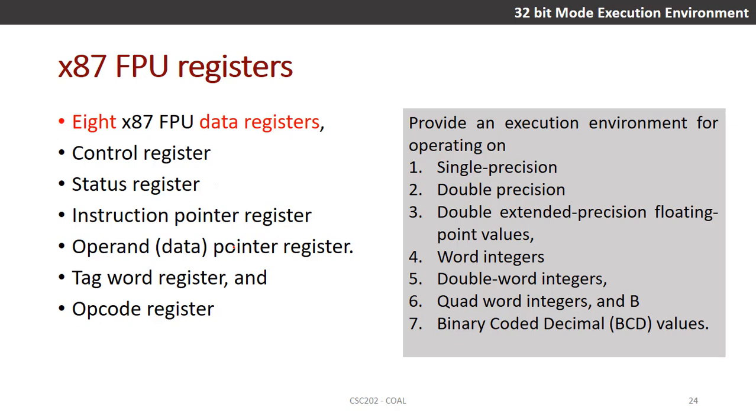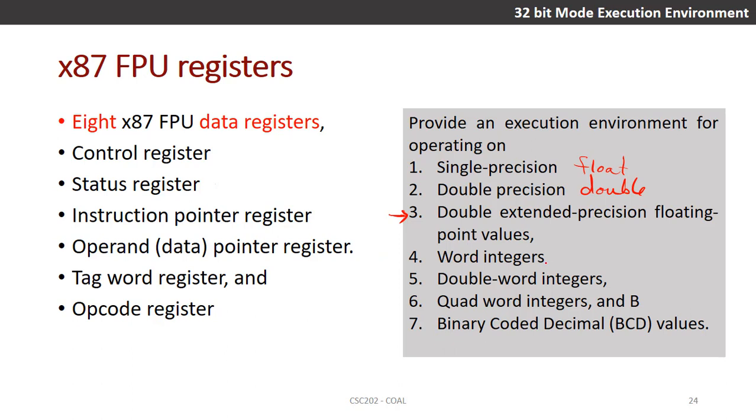The thing that you need to grasp here is that it provides an execution environment for operating on single precision data types like float, double precision like double in C, and here we have double extended precision floating point. This might be new for you.